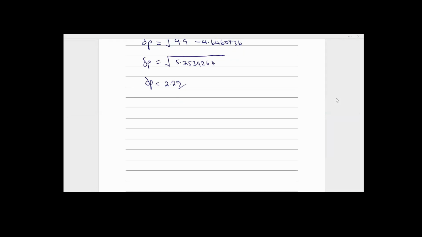So number E, Roman figure 1. When R is equal to +1, the risk of the portfolio will be equal to, I will pick my 9.9. The 9.9 will remain constant.